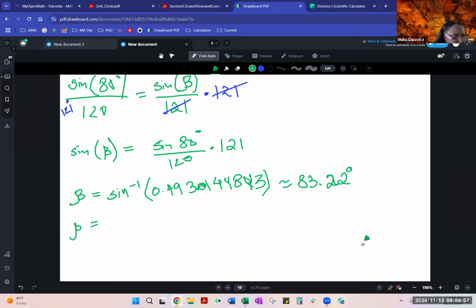Let's see. So we would do 180 minus 83.22. So that will, of course, then come out to be, what will it be? 96.78.